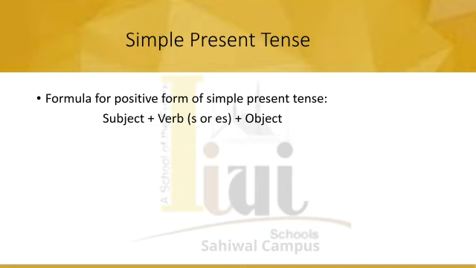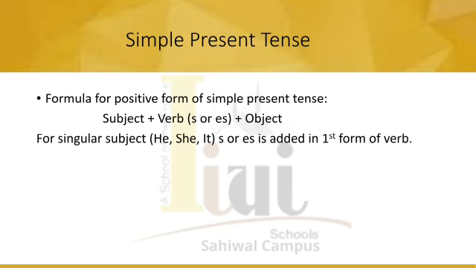Formula for positive form of simple present tense. So here we can discuss the formulation of simple present tense. Firstly we will discuss the positive form. What formula will we use here? We will write subject first, then verb, s or es is added, and then object.